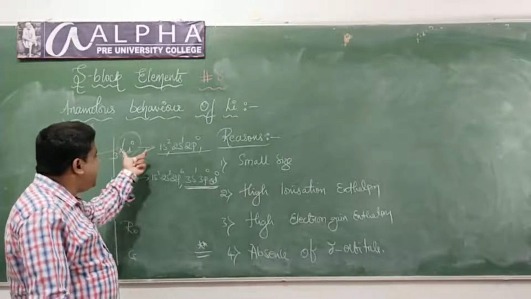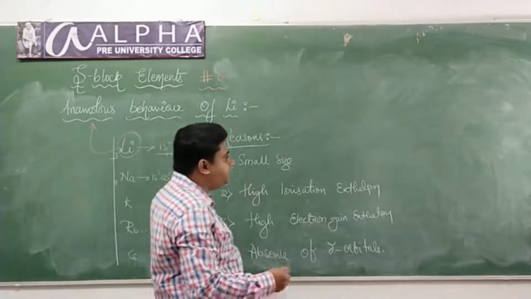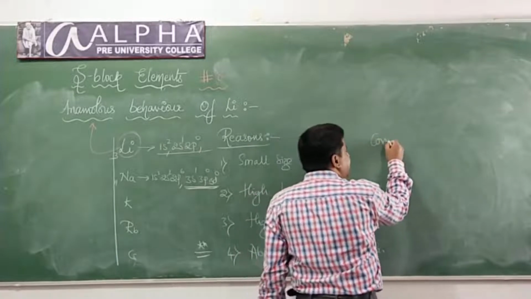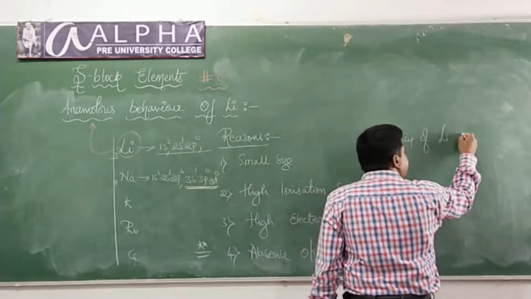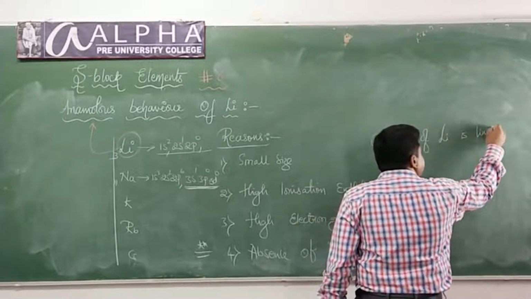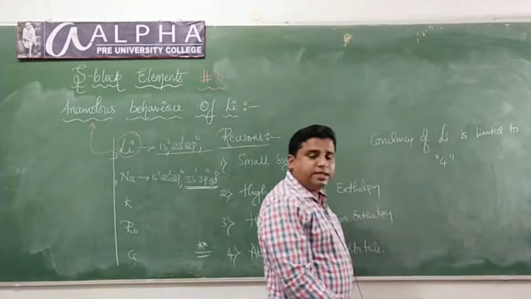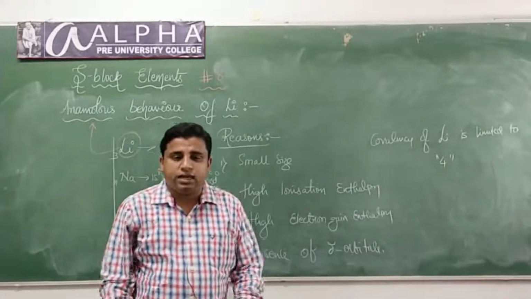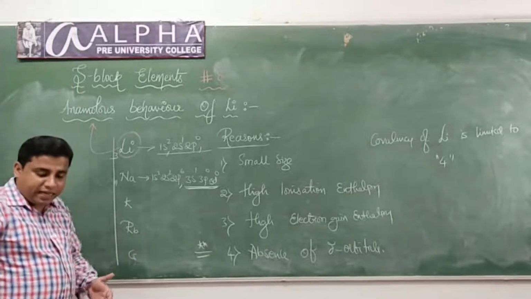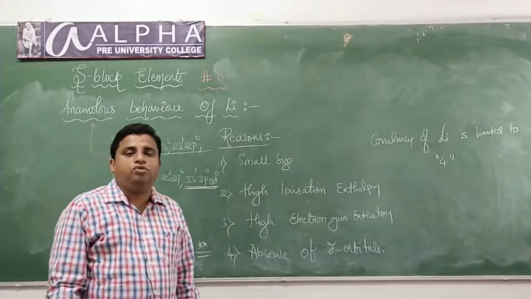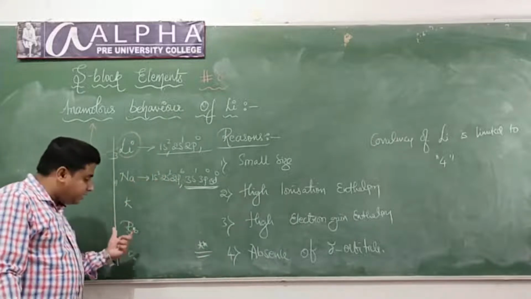The covalency of lithium is limited to 4, whereas the other elements like sodium, potassium, rubidium, cesium can expand their covalency beyond 4, because of the presence of d orbitals in the other elements.